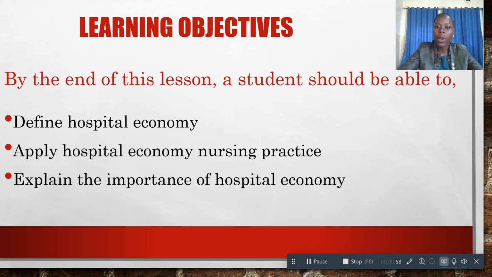So these are going to be our objectives, and I expect by the end of this lesson, all learners to have achieved all these objectives, okay? So we are going to be going into the details of what hospital economy is, how it is applied in our nursing practice, and lastly, we shall look at the importance or the benefits of this hospital economy.